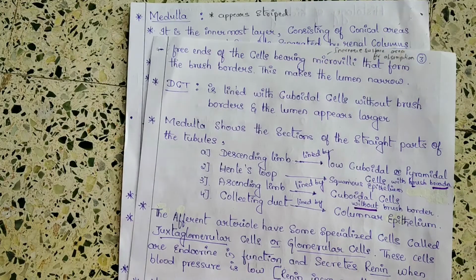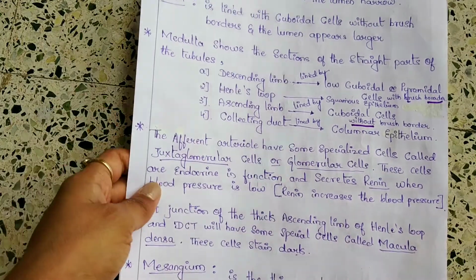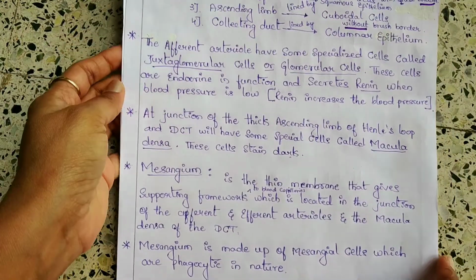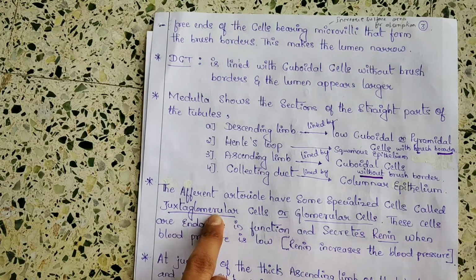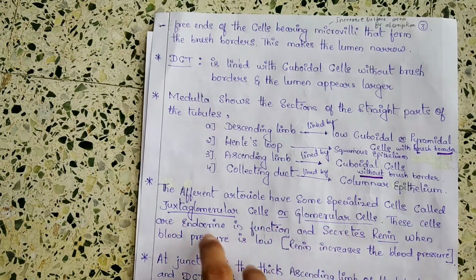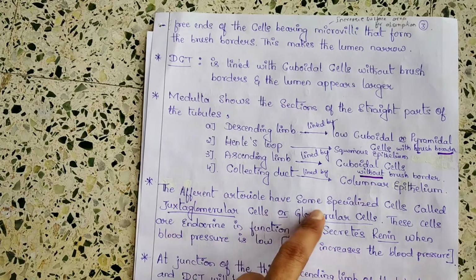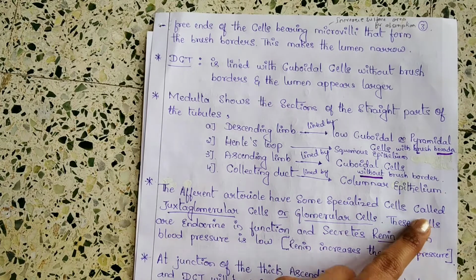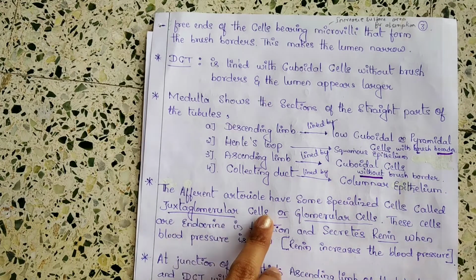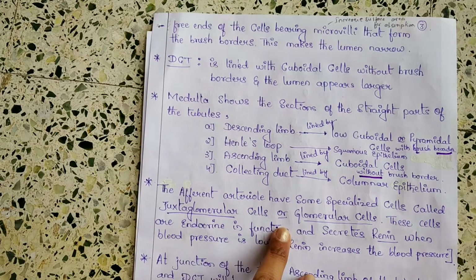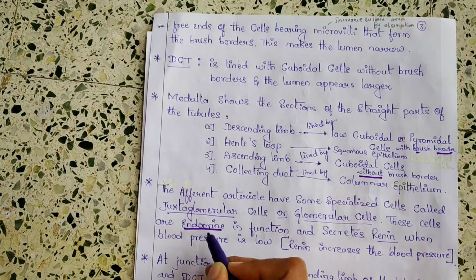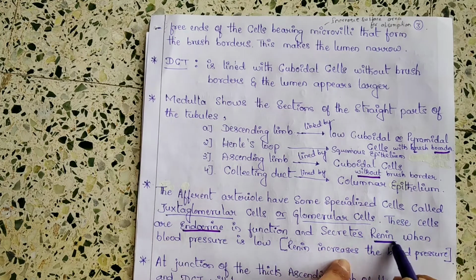Okay, now there are a few more points which are important and may be asked in the examination. The first point: juxtaglomerular cells or glomerular cells. The afferent arteriole has some specialized cells, called juxtaglomerular cells. These cells are endocrine in function, and they secrete renin.